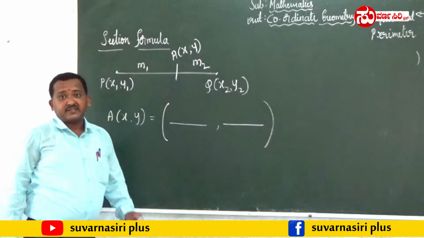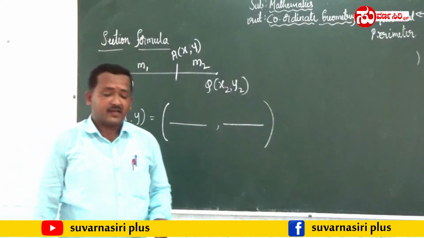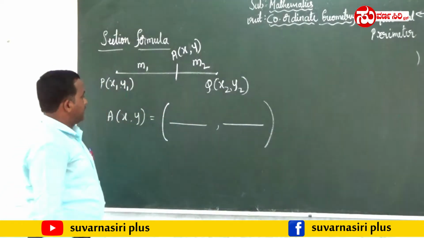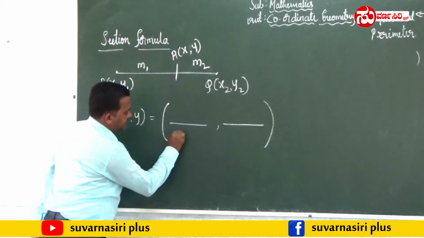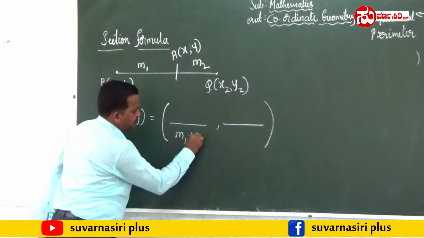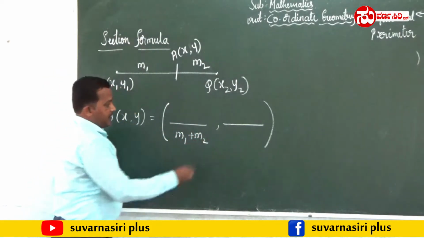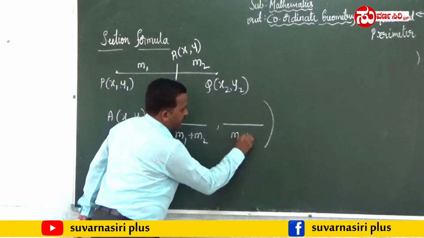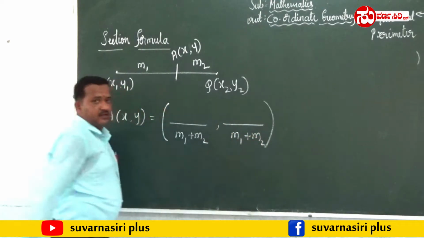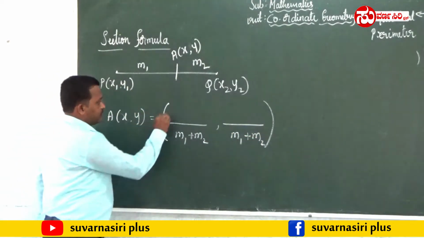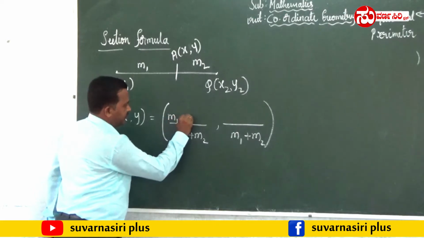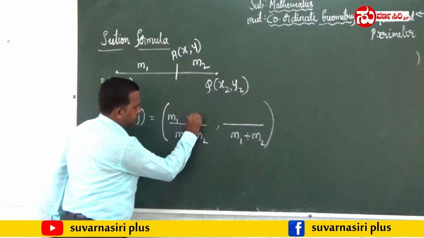Look at the easy method of remembering the section formula. First, in the denominator you write m1 plus m2, and here also m1 plus m2. In the numerator also you write m1, leave some place, write m2.